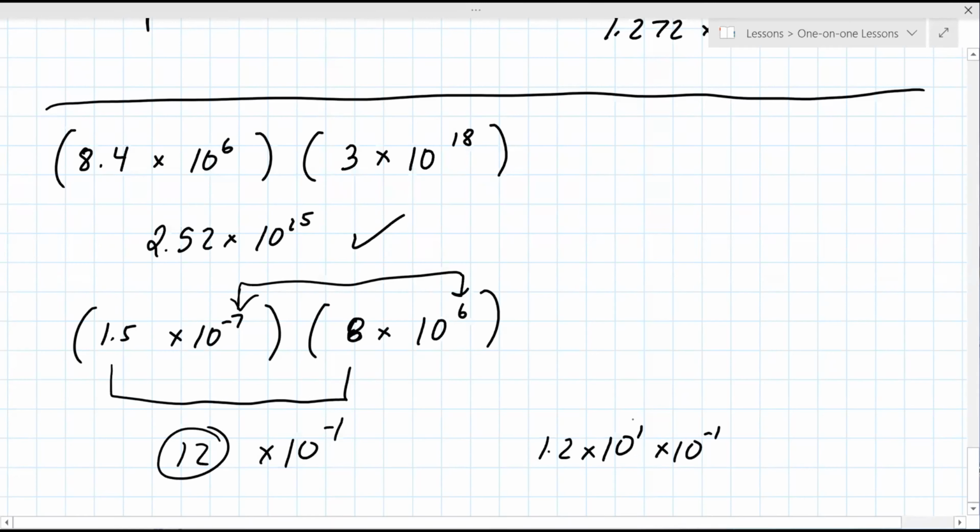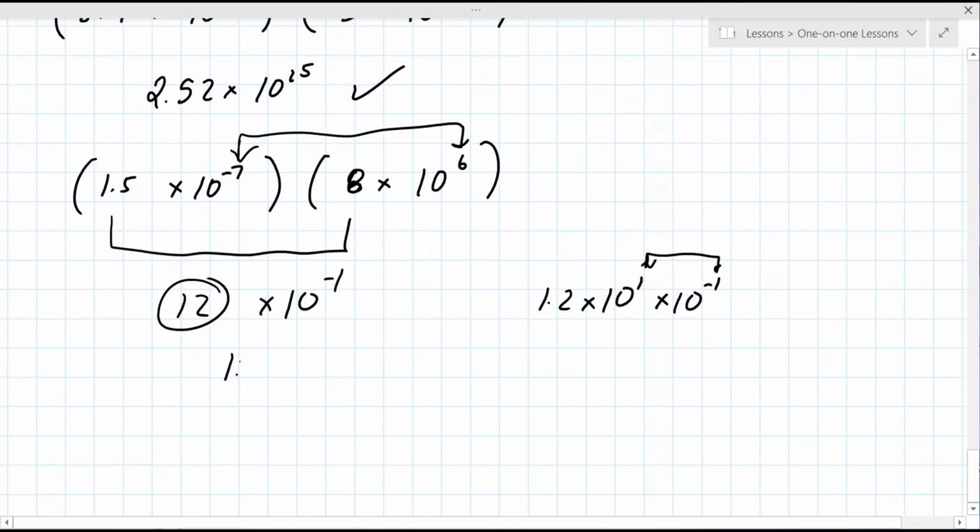So these cancel. What happens to these exponents? They become 0. So the answer is just 1.2, which is okay. This is an okay answer.